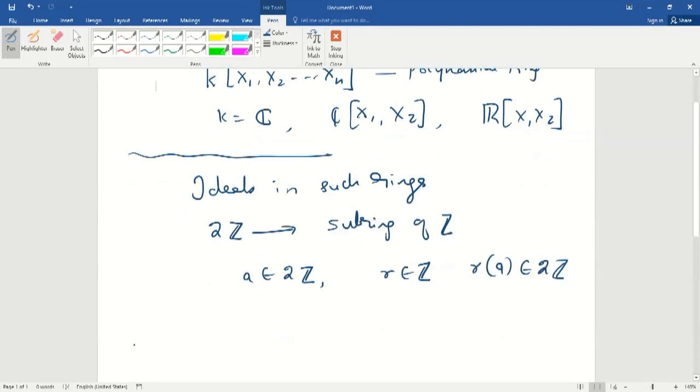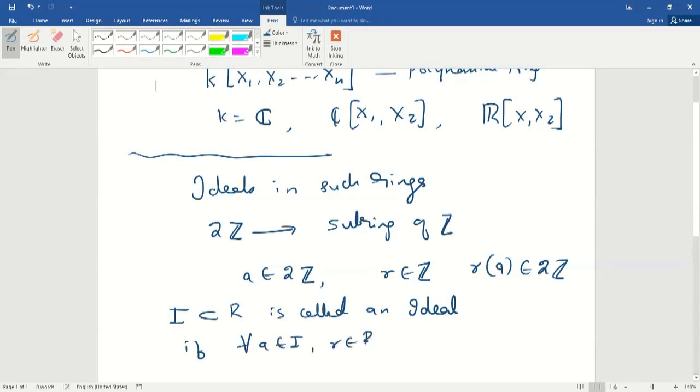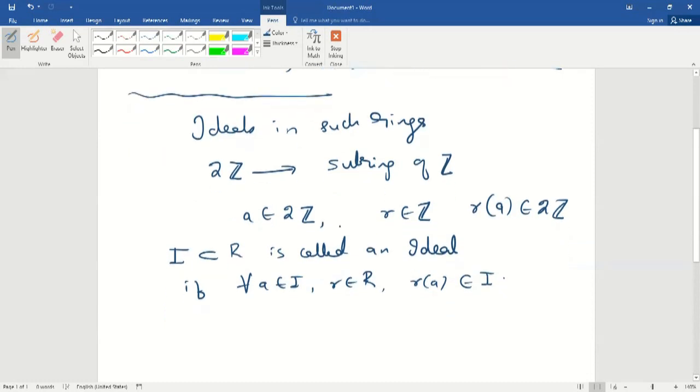So in general, let's say I in a ring R is called an ideal if for all a belongs to I, r belongs to R, r times a belongs to I again. This is called a left ideal.